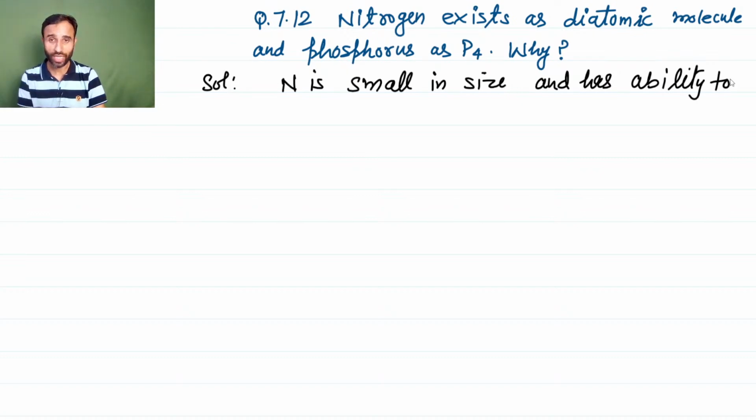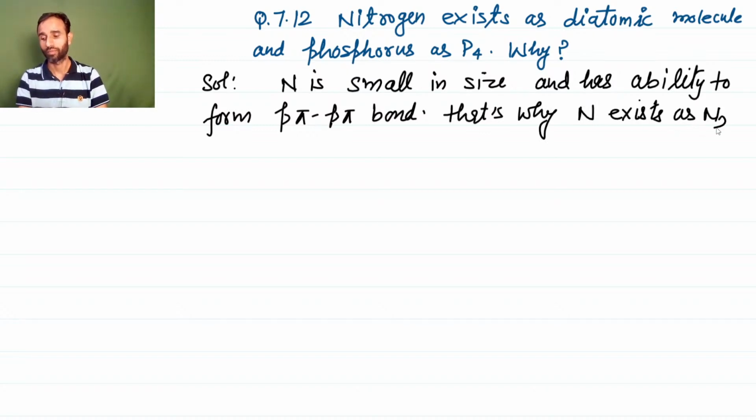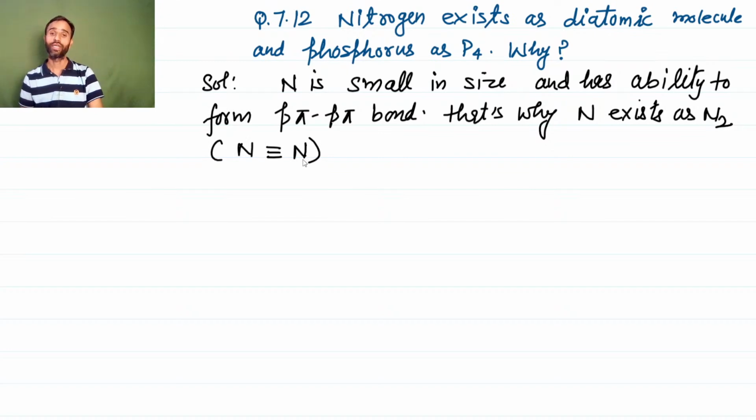Nitrogen is small in size and has ability to form strong p-pi bond. That's why nitrogen exists as N2 because there is a triple bond between nitrogen and nitrogen.